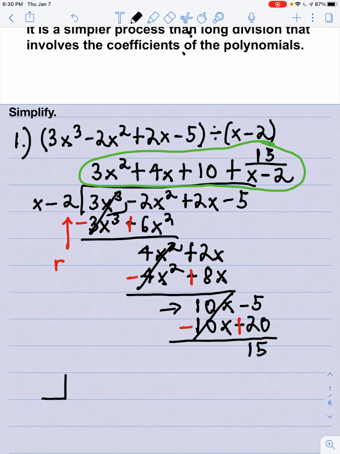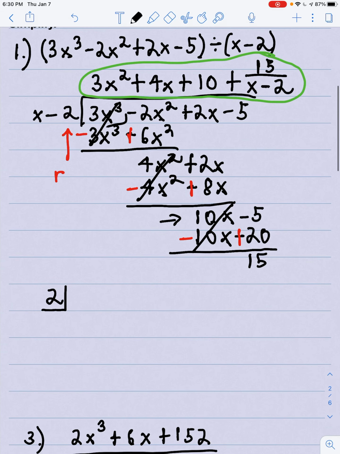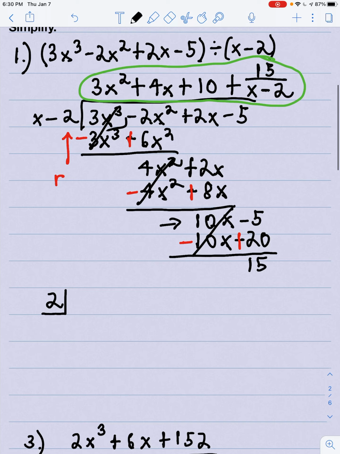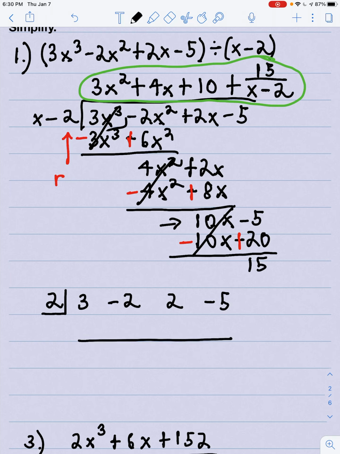So I'm going to put a positive 2 in my half box, and then I'm going to take my coefficients in the problem and write them out, leaving a little space in between. If I ever am missing a power of the variable, I do want to put a ghost term of 0, but that's not an issue here.